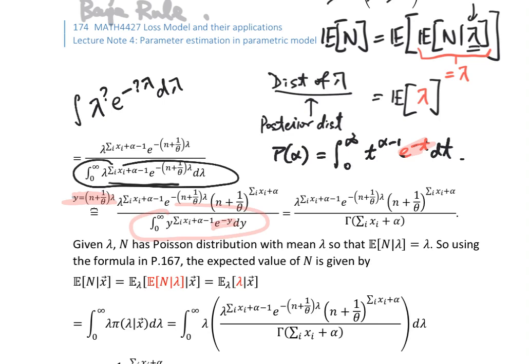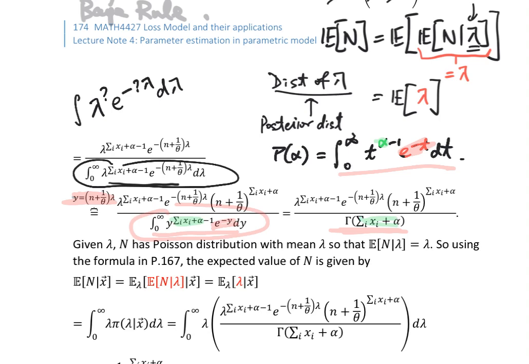After this, this is what you get. Again, this integral is exactly the same as this, so it equals this gamma function. This number comes from here. This is how you get the posterior distribution.